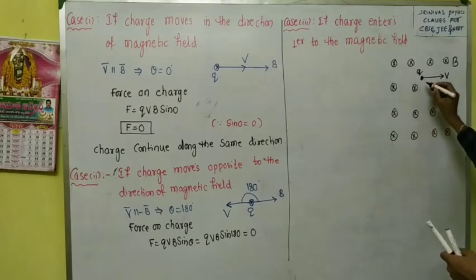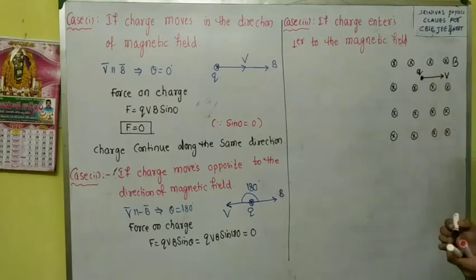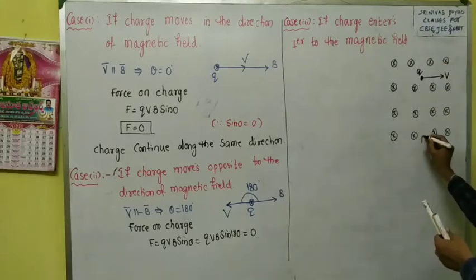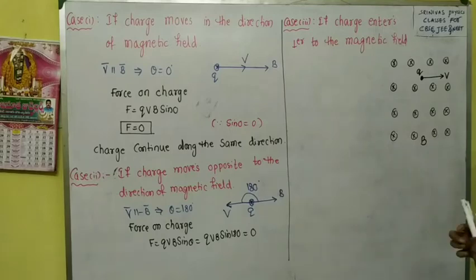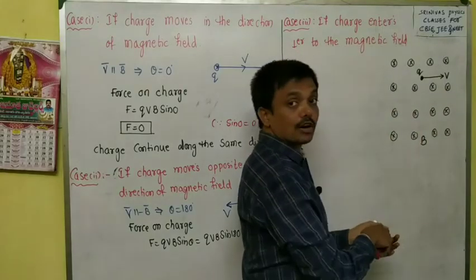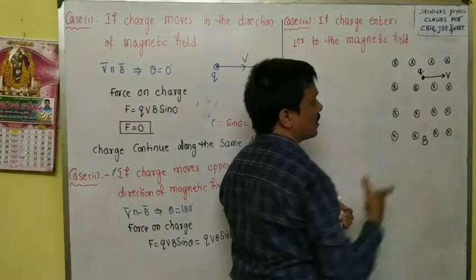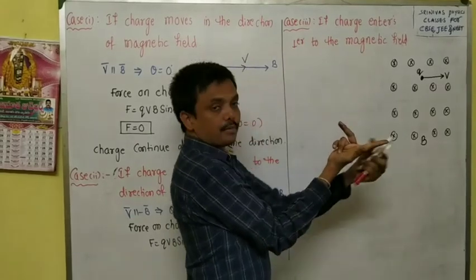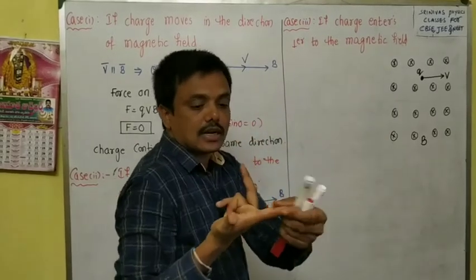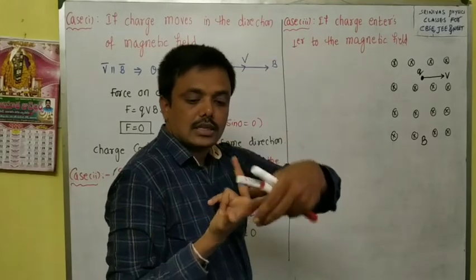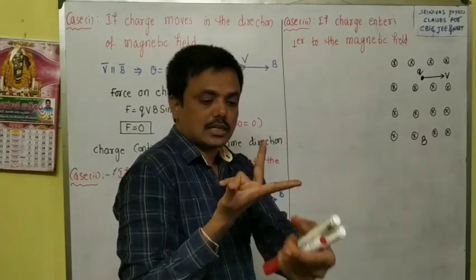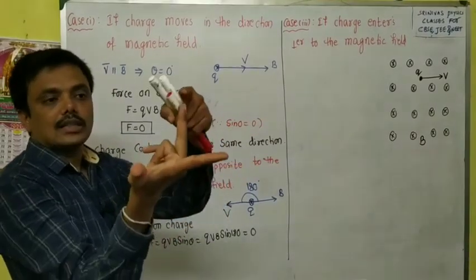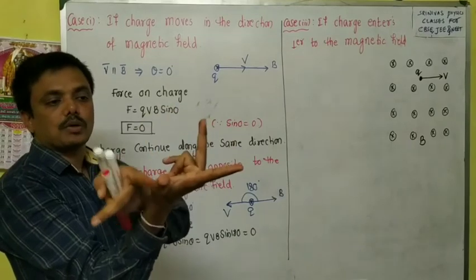Cross means inward field. Consider the three axes: this is the right side x-axis, upward y-axis, and towards you the z-axis. The three axes are mutually perpendicular to each other.